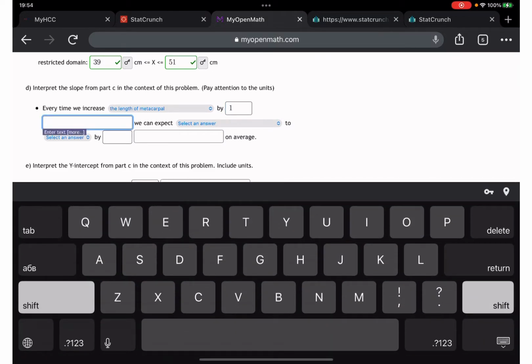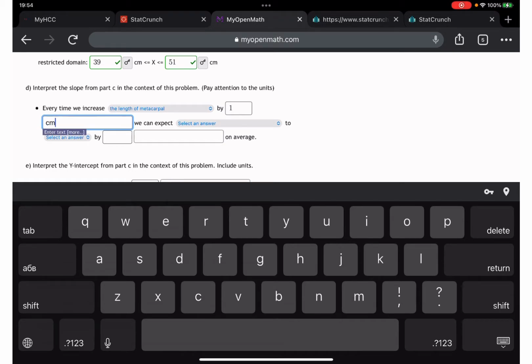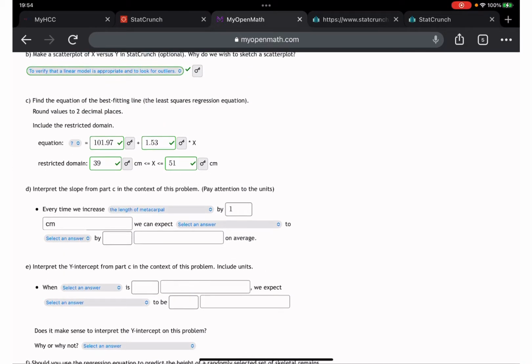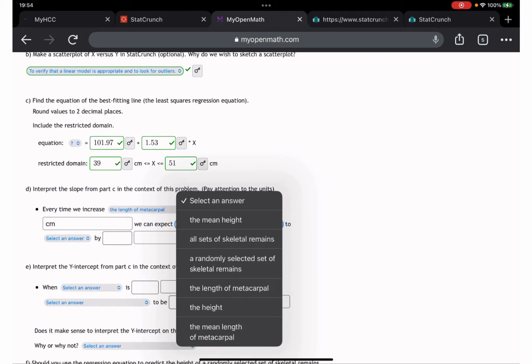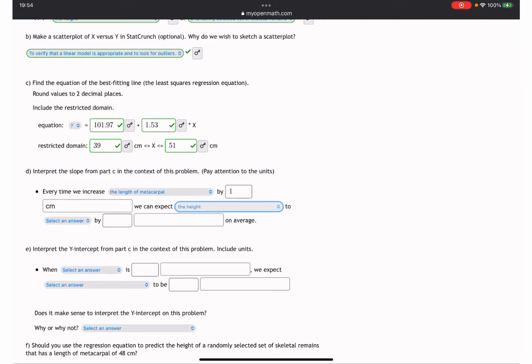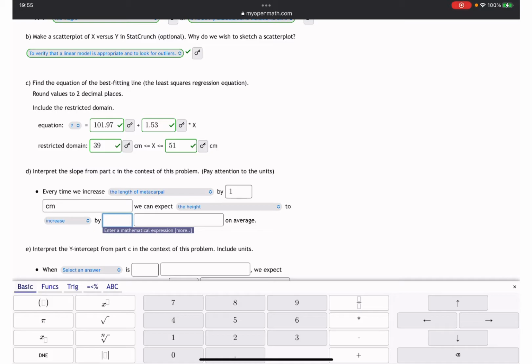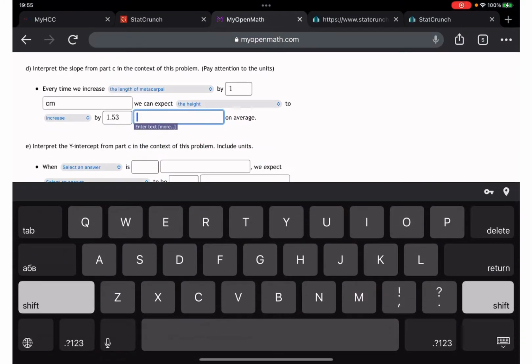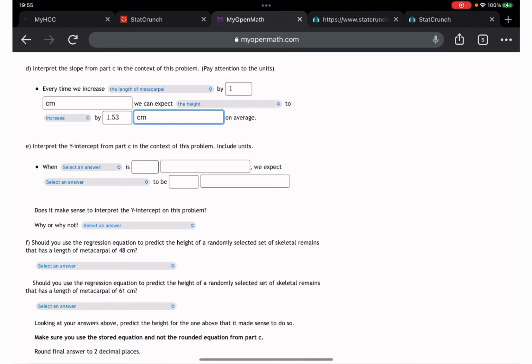Centimeters, because we are measuring in centimeters. We can expect, since we have plus 1.53, the height, because our y is height, to also increase by 1.53. 1.53 what? Centimeters.